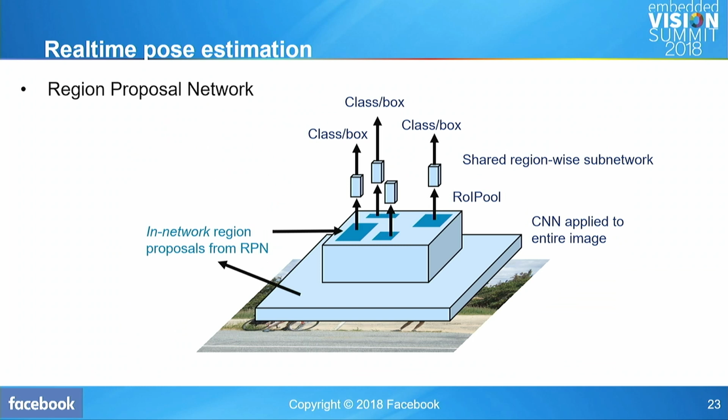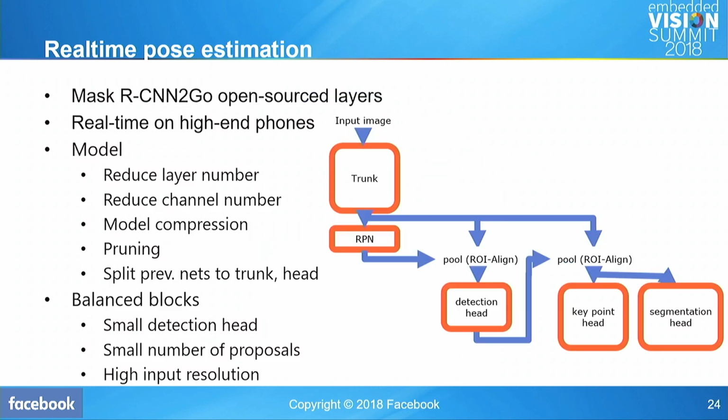The key part of this network is the region proposal network, which uses different anchors in some aspect ratios and different positions in the network, proposing general object bounding boxes. After these bounding boxes, with ROI pool or ROI align, you crop out the feature space from the trunk network, and then continue to do classification, detection, and segmentation on these.